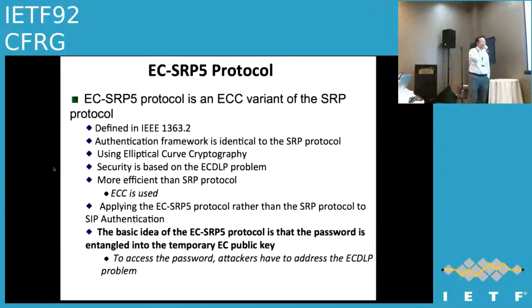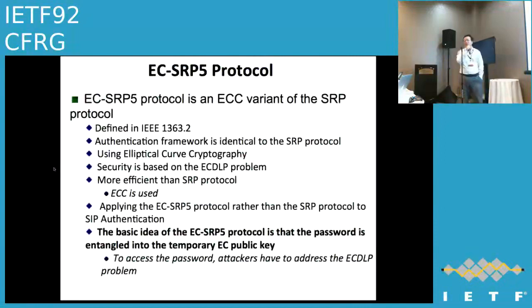EC-SRP5 protocol is the ECC variant of the SRP protocol. It is also defined in the CFRG standard. We applied the EC-SRP5 protocol for SIP authentication, not the SRP protocol, because it uses ECC crypto.